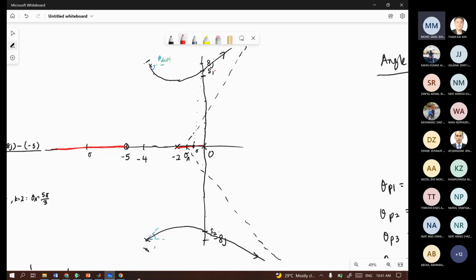The other two poles here, one of them will go to -5, and the other one will go to infinity because we have this portion here on the real axis that extends until infinity. So the shape will look like a circle.